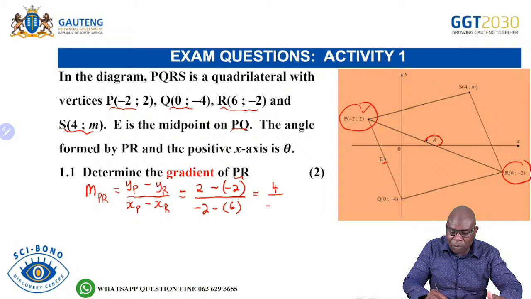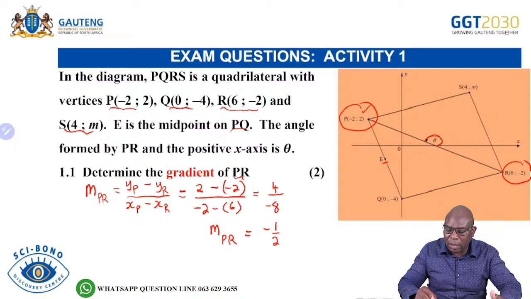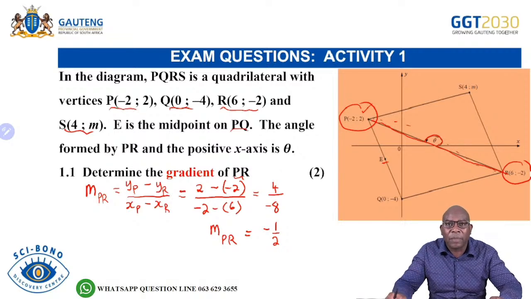Then in this case I'm going to get a -8, of which my gradient there will be -1/2. So the gradient of PR is -1/2. How do I know I'm right? Because the line there is a decreasing line, so the gradient is correct because it's negative.